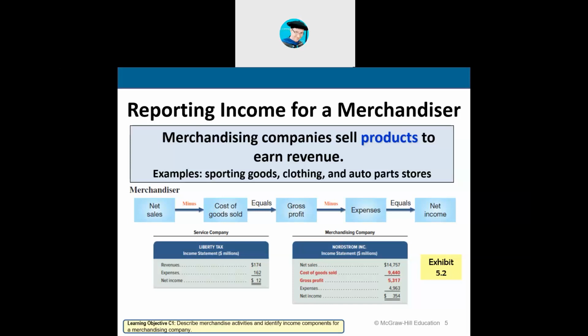Sales minus expenses equals net income is the income statement for a service company. And for a merchandising company, we have sales minus cost of goods sold equals gross profit minus expenses equals net income. So there's basically two additional steps on the income statement for a merchandising company: cost of goods sold and gross profit.